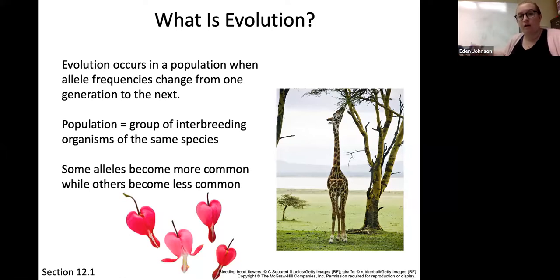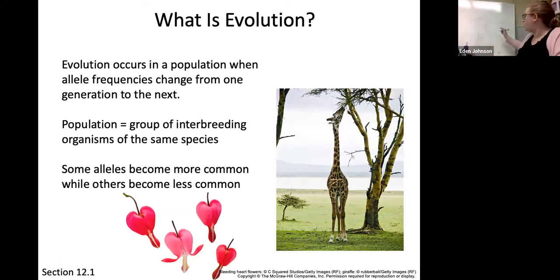You have genes for hair color. You have genes for height. You have genes for shoe size and whatever it is, okay? Now, does everybody have the same height and eye color and hair color and shoe size? No, we don't. That's because there are all of these different alleles of those genes that are going to come together to make unique traits in different people.